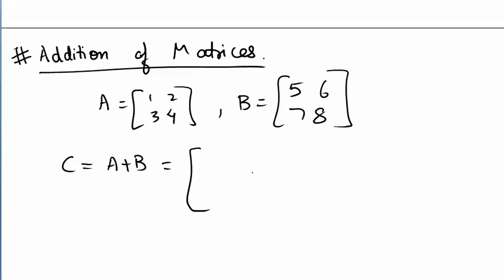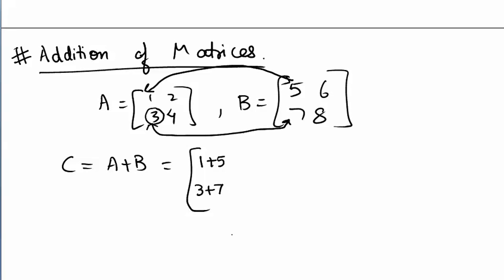It is very simple. We'll have to add the corresponding elements, right? If I have to add A plus B, I'll add the A11 element with the B11 element. So 1 plus 5, right? Second, we'll add this element with the corresponding element of B, so it will become 3 plus 7.